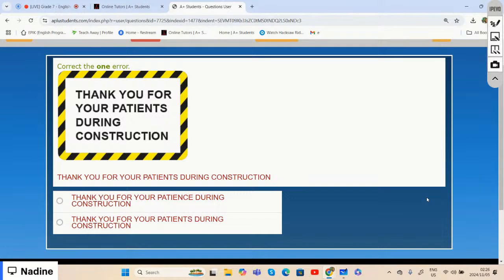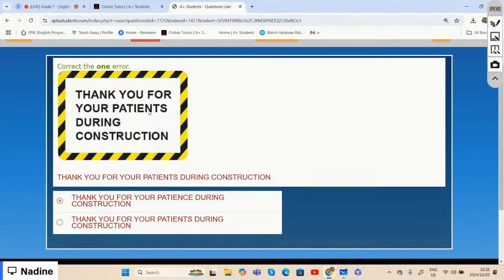All right. And let's say if we were to correct the one error, then we'll choose option one. Because this word patience, right? Patients is to do with, for example, if you were a patient at the hospital.